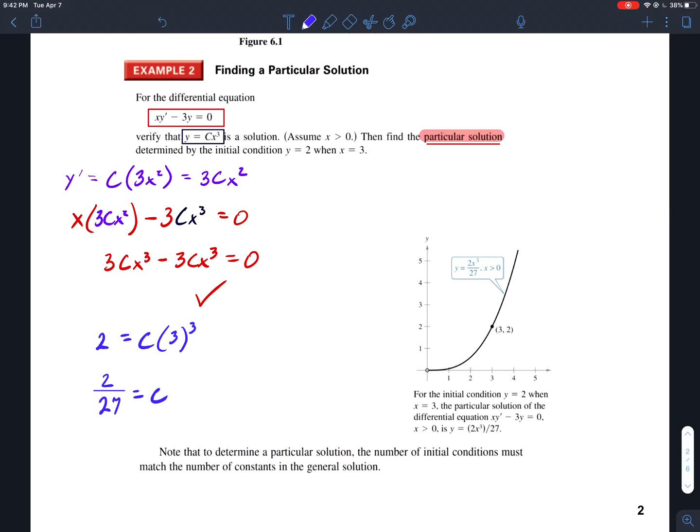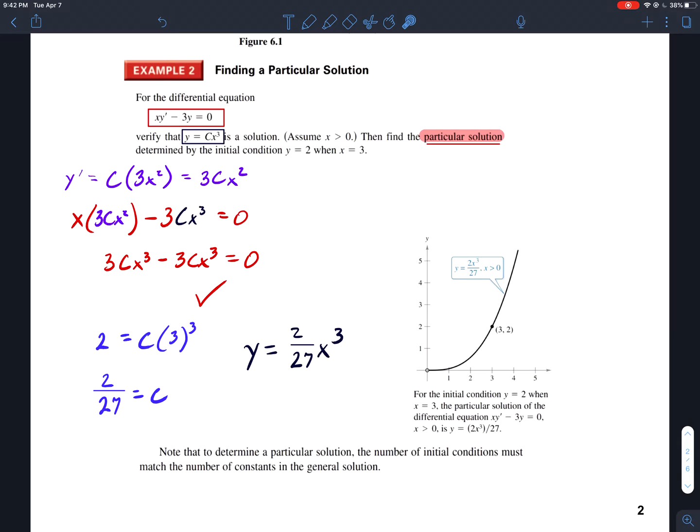And therefore, my particular solution is y equals 2 over 27 x cubed. In the case where when x is 3, y is 2, this is the function. And if you took the derivative of this function and then took the original function again, and you plugged them both in here and here, it would solve this equation I've got boxed in red.